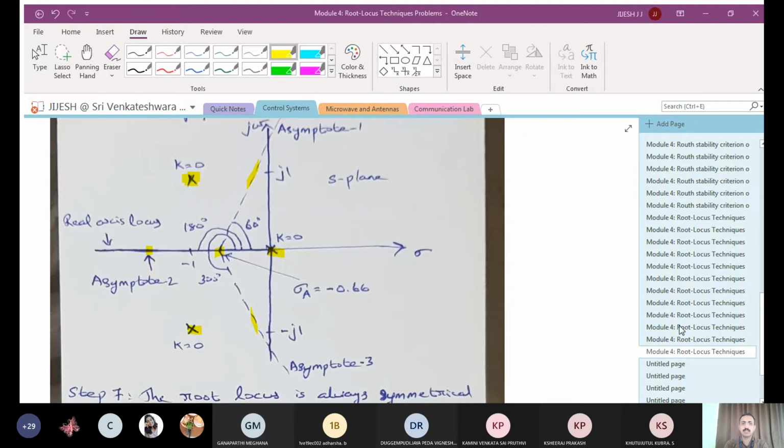So dk by ds is equal to 0. To find the breakaway point, we can use dk by ds is equal to 0, and then simplify that further.